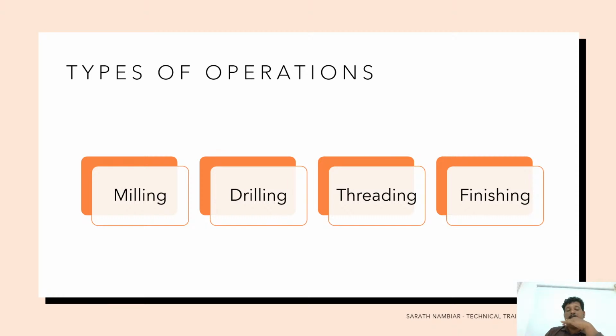First you have to decide what operation I have to do. Only based on the operation we should select the tool. So we have different types of operations: milling, drilling, threading, and finishing. Milling is for making flat surfaces, drilling for making holes, threading for making threads, and finishing for making high accuracy parts.